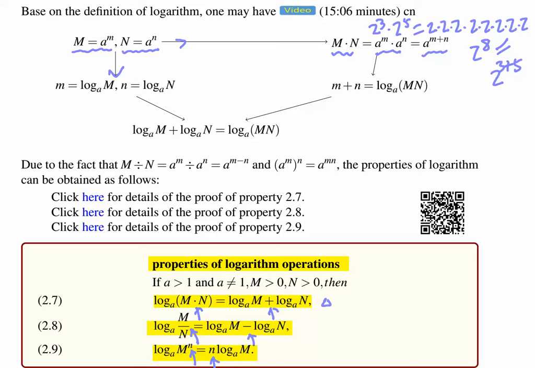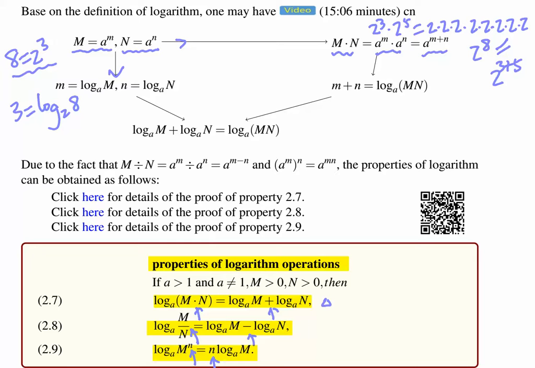Vertically, we have M equals a to the m. For example, 8 equals 2 cubed. Then we may rewrite this exponential expression in logarithm form as 3 equals log base 2 of 8.